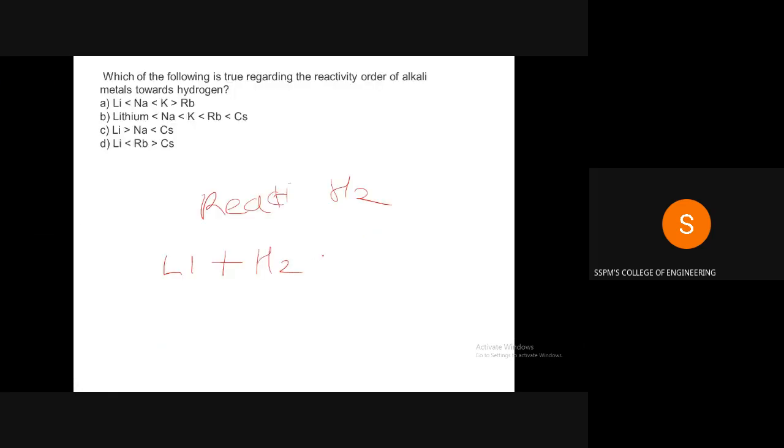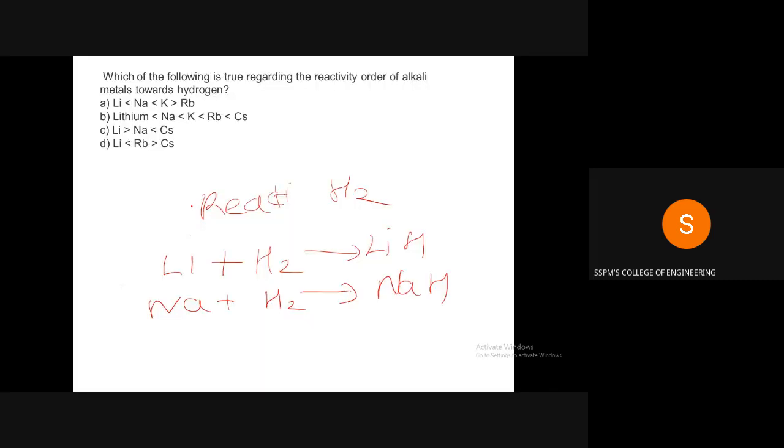Lithium reacts with H2 to form lithium hydride. Sodium reacts with H2 to form sodium hydride. So it is a hydride formation reaction. Going down the group, it increases. The options are already given: lithium, sodium, potassium, rubidium and cesium. So this is the correct order of reactivity towards hydrogen.